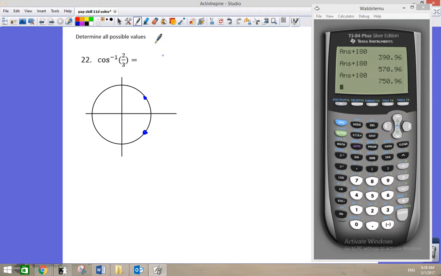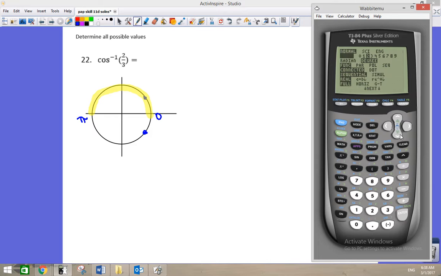So the calculator is going to return a value that's between, I'm going to go back to radians, between 0 and pi radians. And since I'm in radians, I'm going to extend this out to more decimals. Alright, so the inverse cosine of 2/3.